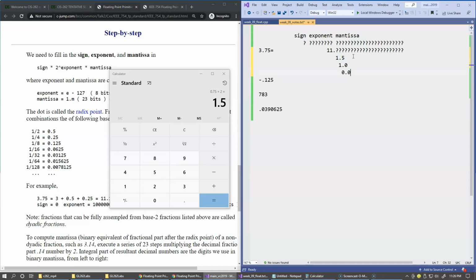And now, as long as we have the 0, we can keep multiplying it by 2, and it's just going to stay 0. So this is your fraction, 11.110, right? So we can fill this in by saying 11, which comes from these two results, and the rest is just 0, 0, 0, 0, 0. So we're going to fill this in with zeros.